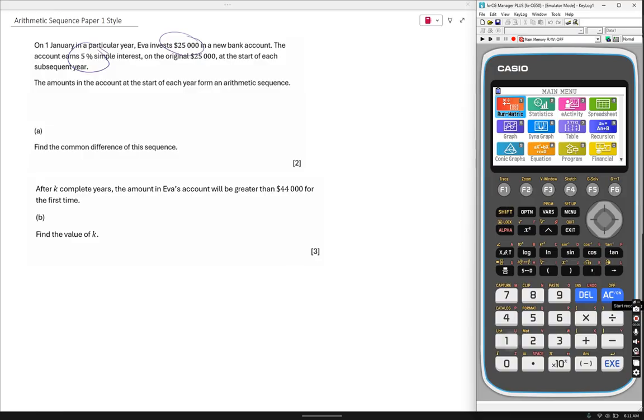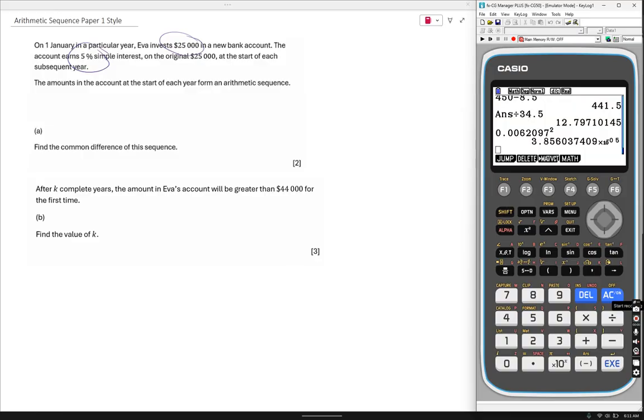So if I go to my calculator and I do 25,000 times 0.05, this is 1,250. It's worth 2 marks.